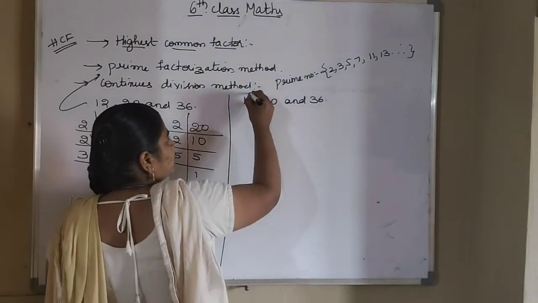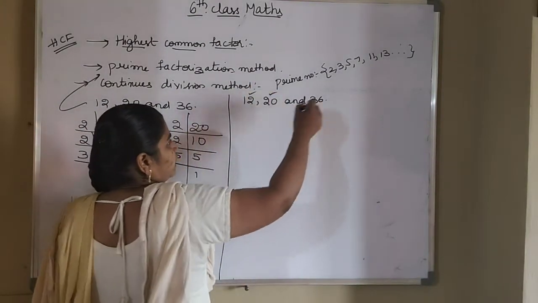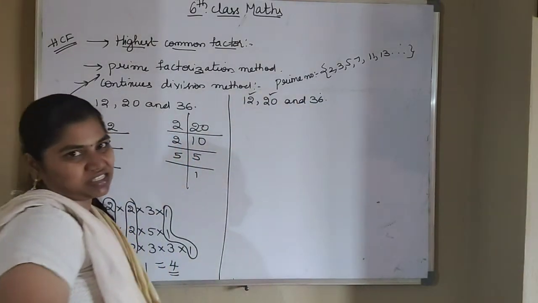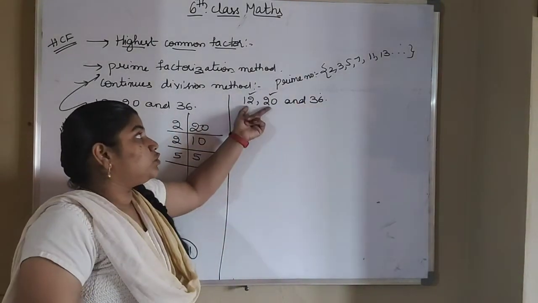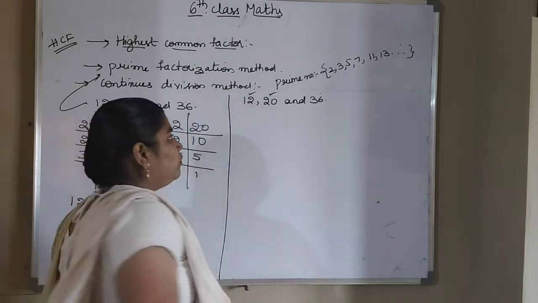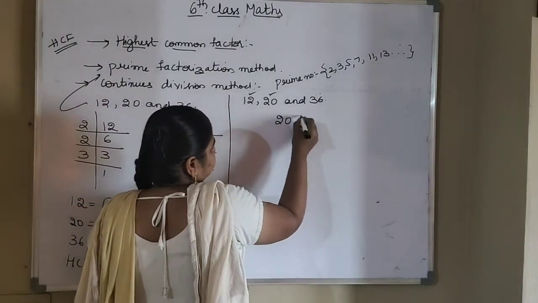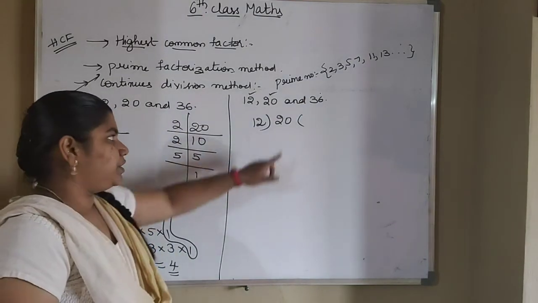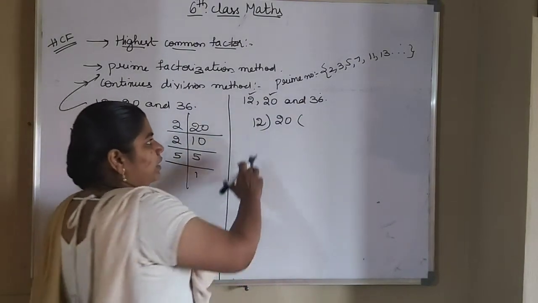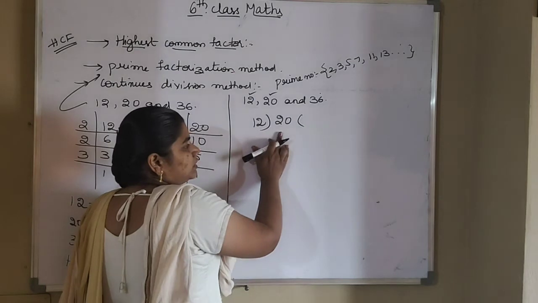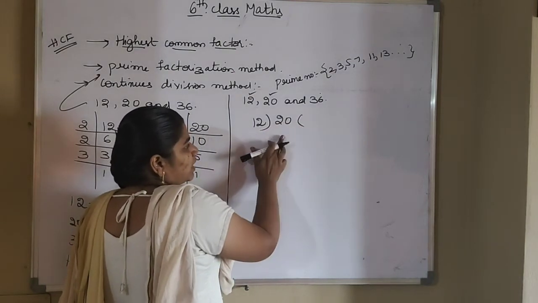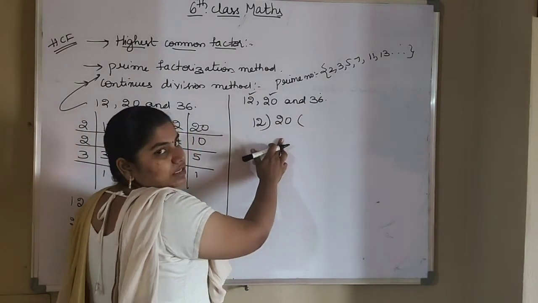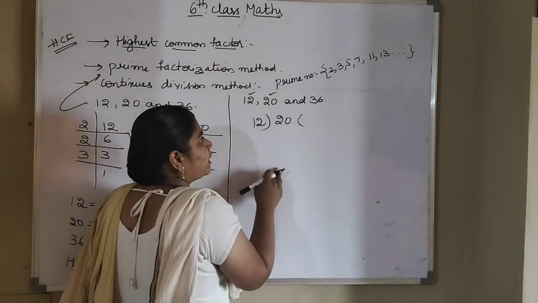The smallest number is 12, after that 20, and the biggest value is 36. First we have to divide the two smaller numbers. So we are dividing 20 with 12. In the 12 table, 12 ones are 12, 12 twos are 24. 24 is bigger than 20. So how many times do you have to take?